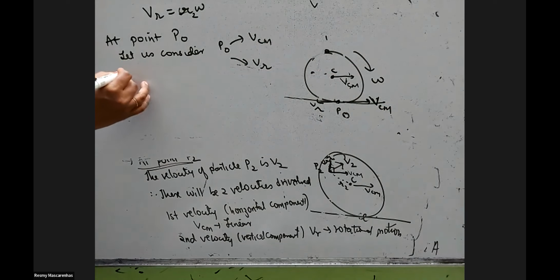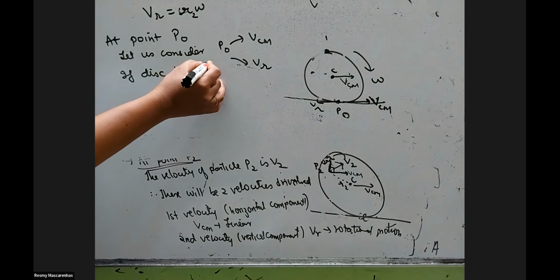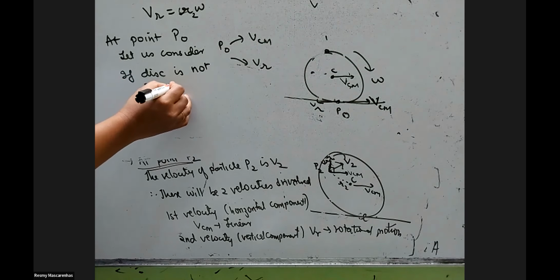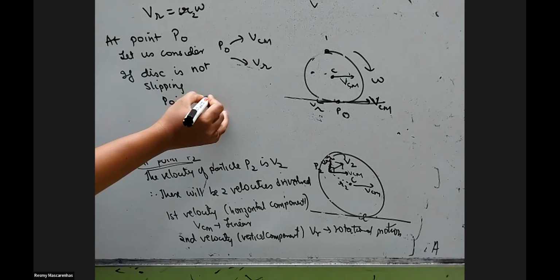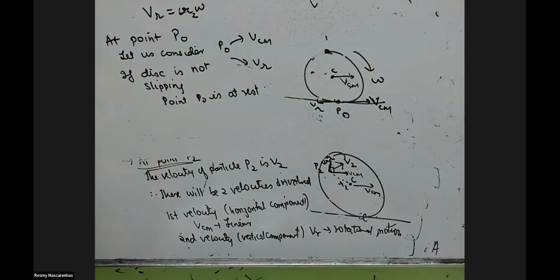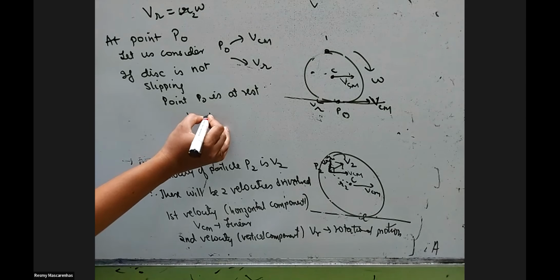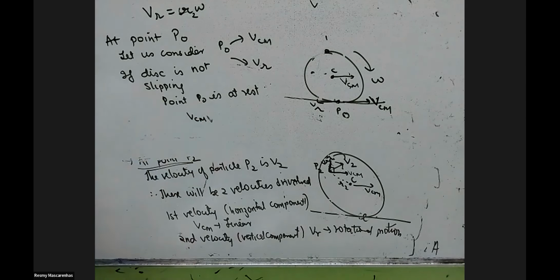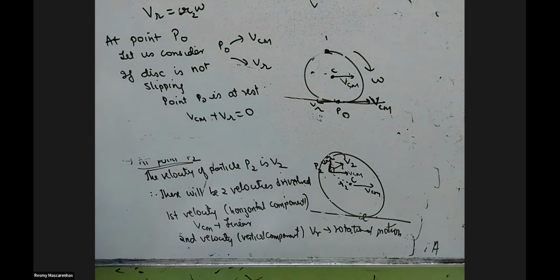Okay, so if the disc is not slipping, point P0 is at rest. So we know that VCM plus VR is 0.